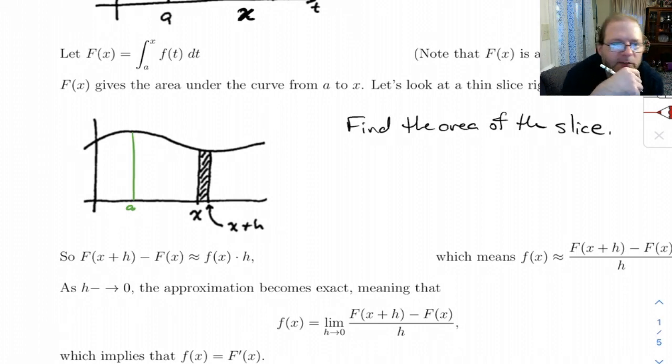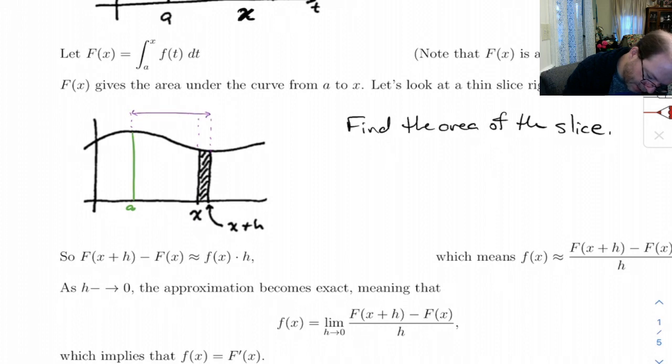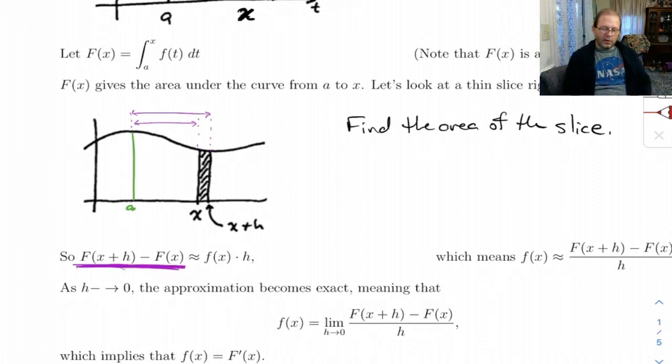To find the area of the slice, one way we could do that is if I did the area from a up to x plus h, and then I also computed the area from a up to x, that would give me this right here. This is the area up to x plus h. This is the area up to x. So this gives me the area of the slice, just by subtracting those two, and it just leaves the slice.